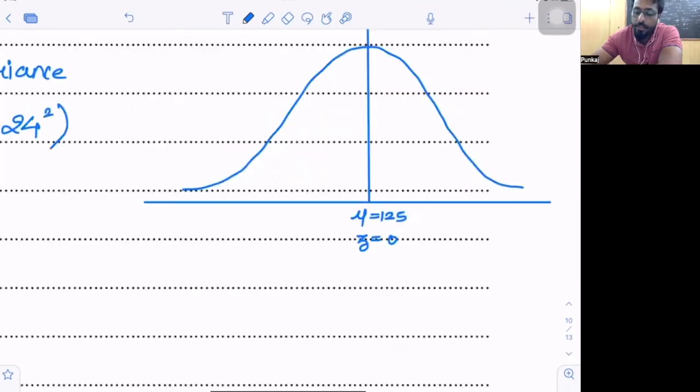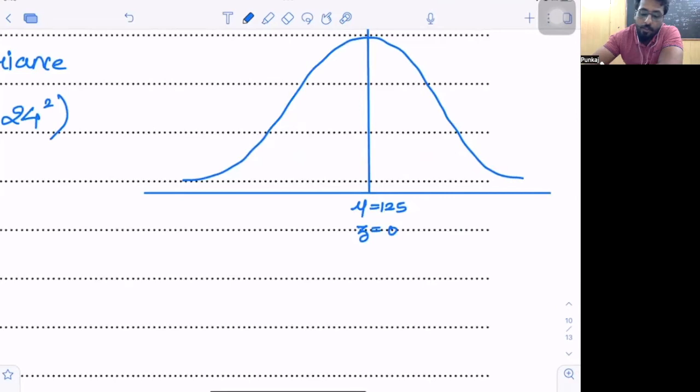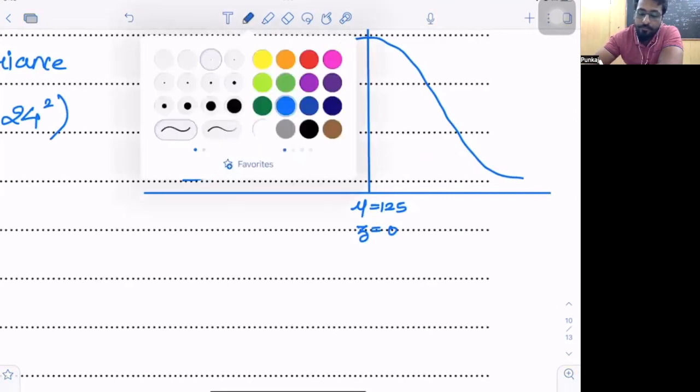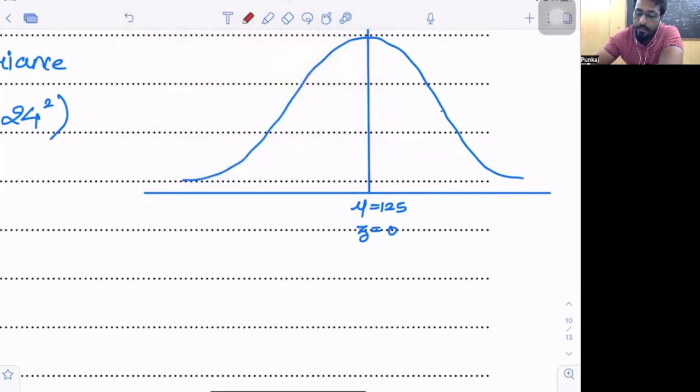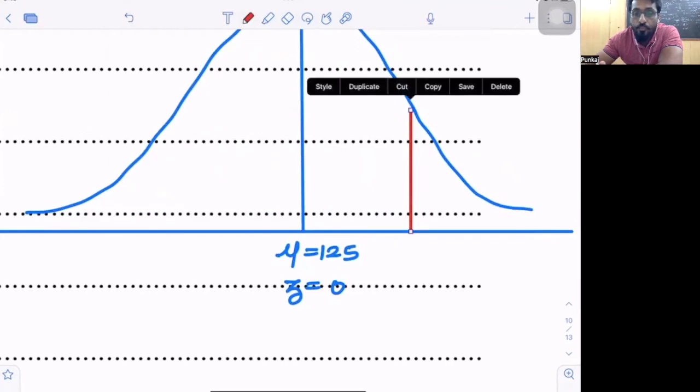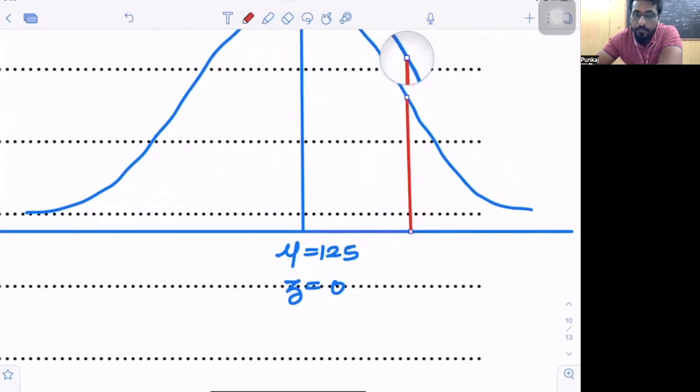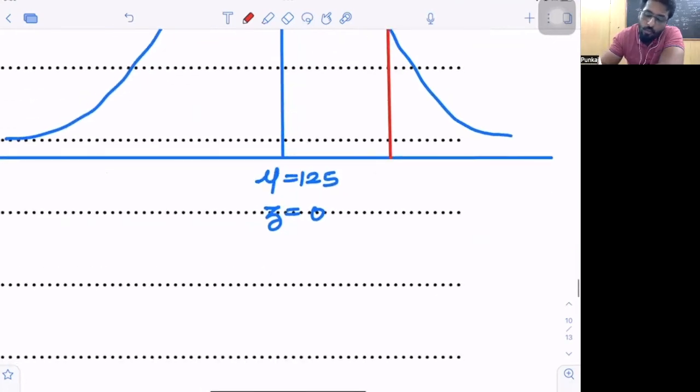So it's going to be here, let's say. I'm going to draw a vertical line denoting 142. So that's the line where x is 142.